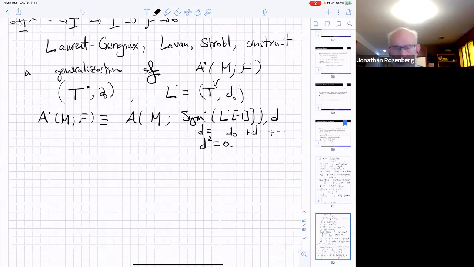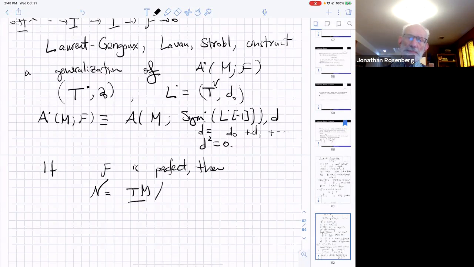Now the thing that's nice is that if f is perfect, then N, the normal sheaf, which is by definition just the quotient, is also perfect, right?